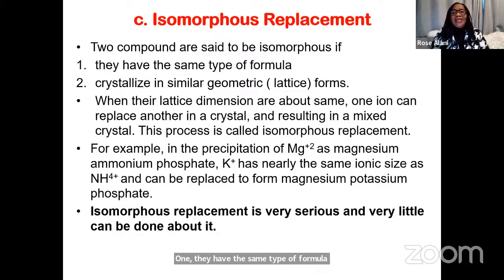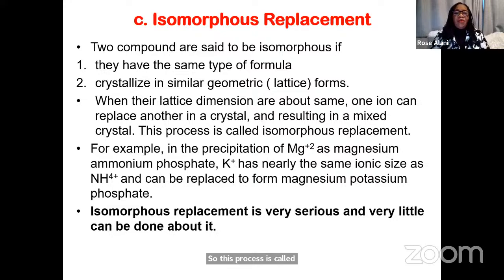So when their lattice dimensions are about the same, one ion can replace another in a crystal, resulting in a mixed crystal. It looks like what is supposed to be there, but something else is replacing it because they have almost the same size and form crystals in the same geometrical way. So this process is called isomorphous replacement.